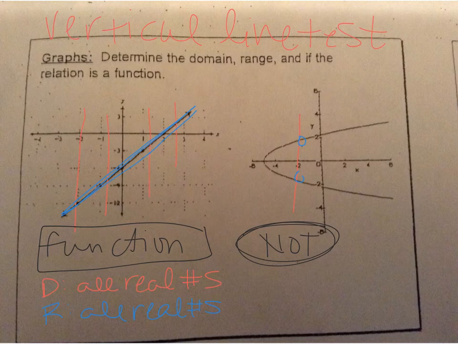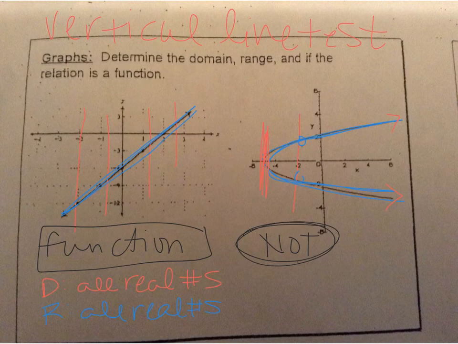If you look at this second example though, I have this C looking shape. This actually has a pretty clear restriction. It starts right here and goes to the right forever, which is great, except that it has a restriction. It's not going left and right forever.